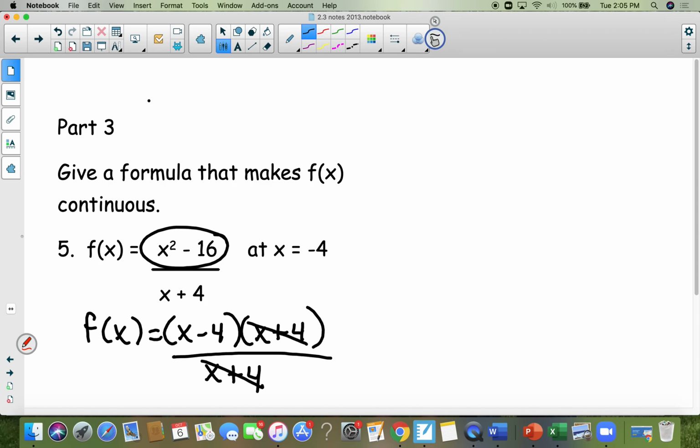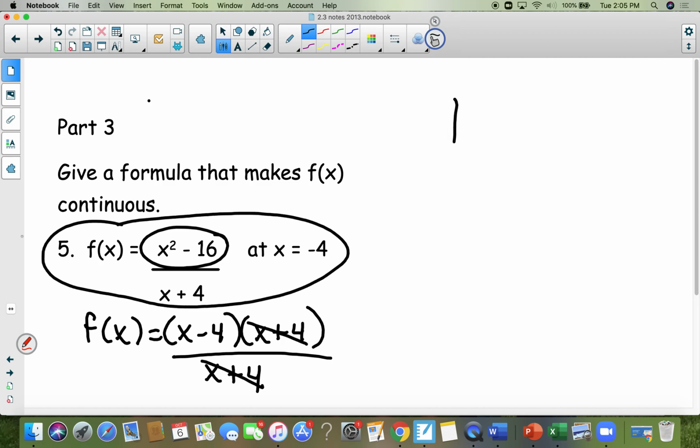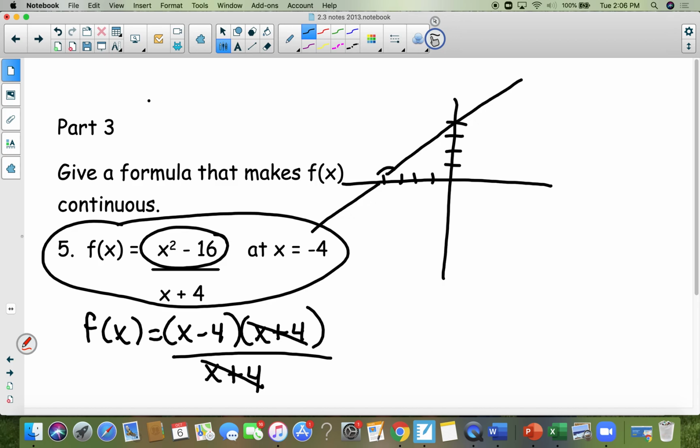So, okay, this is really weird, but when you plug this one into the calculator, it looks like this. There's going to be a hole for this one, right? Because it can't happen at -4. But on this one, no, that's the wrong graph.